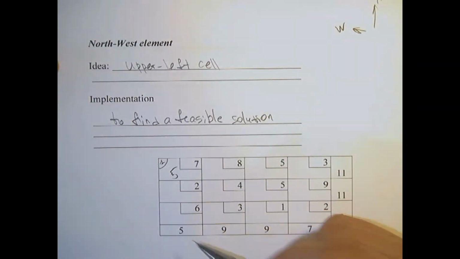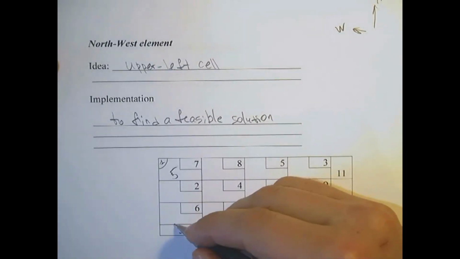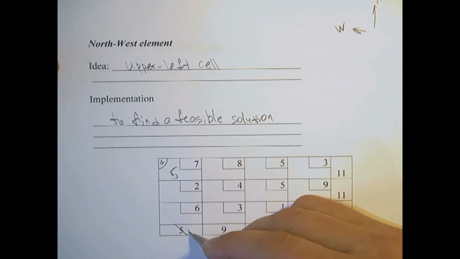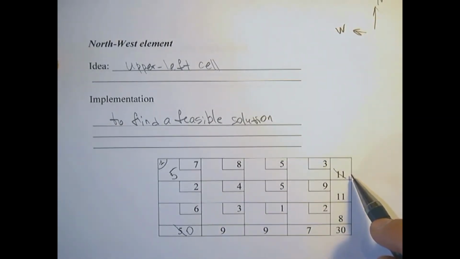Because these customers do not need 11 choco boxes, they need only 5, I choose the minimum from 11 and 5, and the minimum is 5. Now, demand for the first customer is satisfied, so the remaining demand is 0, and I correct the demand and also I correct the supply. 11 minus 5, so the answer is 6. So the new supply volume for the first supplier is 6, because I already took 5 choco boxes from these 11, and only 6 choco boxes remain.